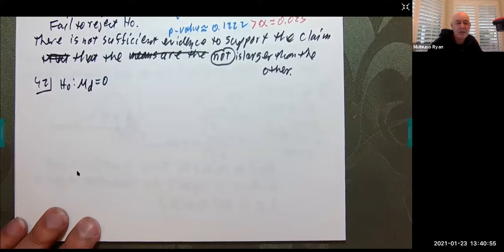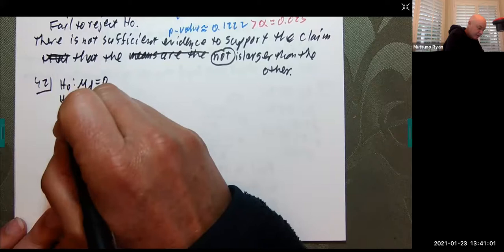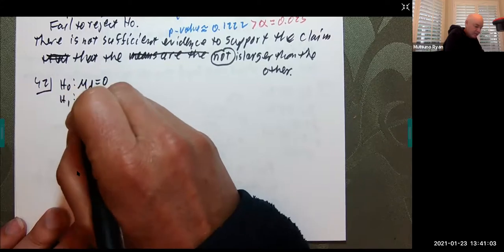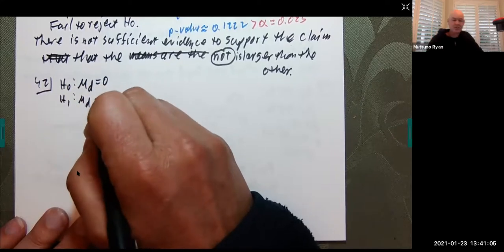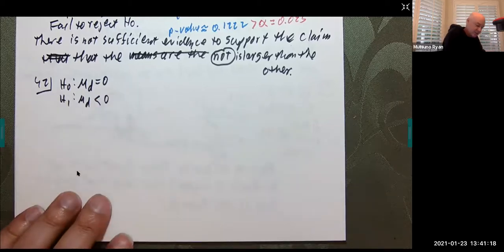So the after should be larger. So when I subtract, it should be less than. So the way I'm getting that is if they have tutoring, then their score should go up. So when I take the before score and subtract the bigger score, I should get a negative value. So that's why it's less than, which makes this left-tailed.